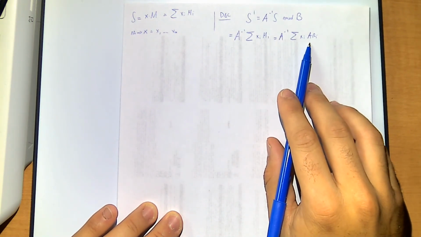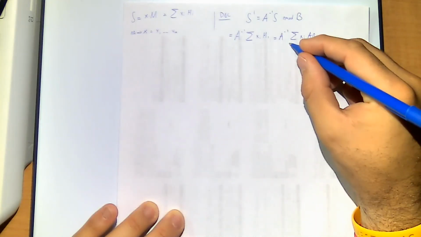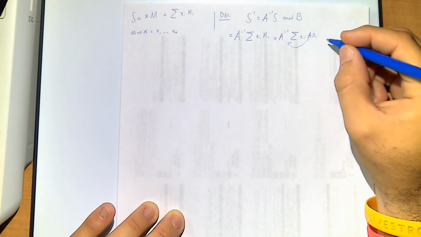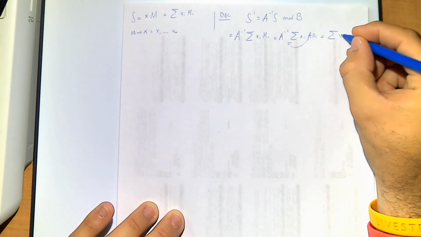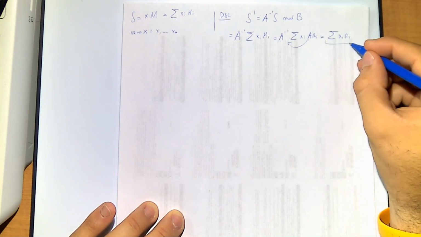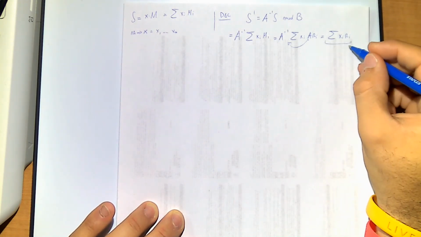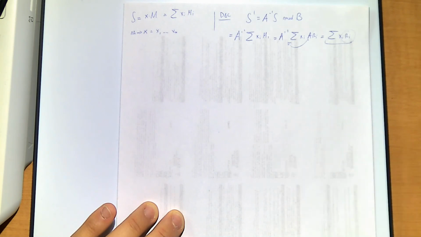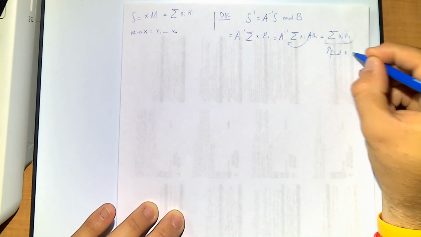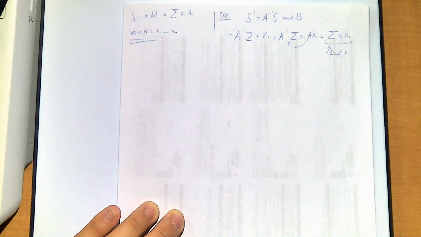Every element is multiplied by A, so I can take it out as a common factor, and then it cancels out with A inverse. So this is exactly the sum of xi Ri. And now this is a subset sum problem in the sequence Ri that is super increasing. So I can apply my solver and find the xi's, which is exactly my message.